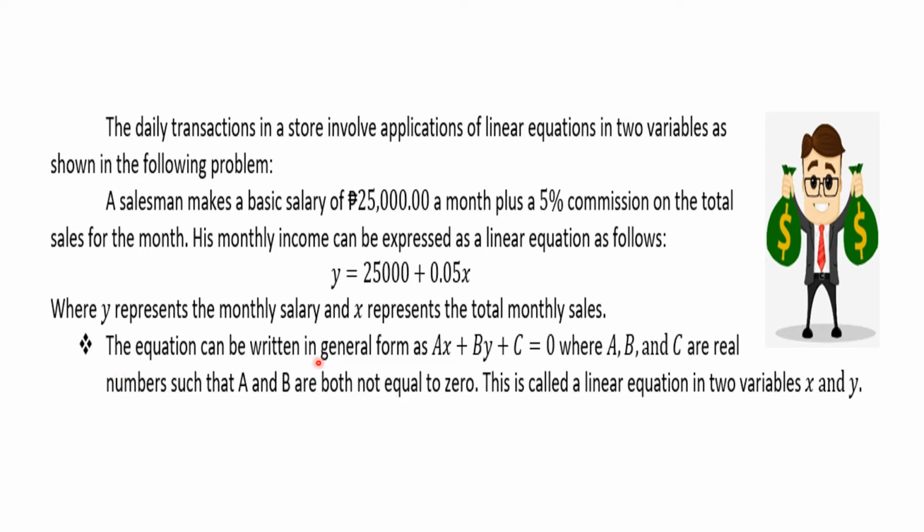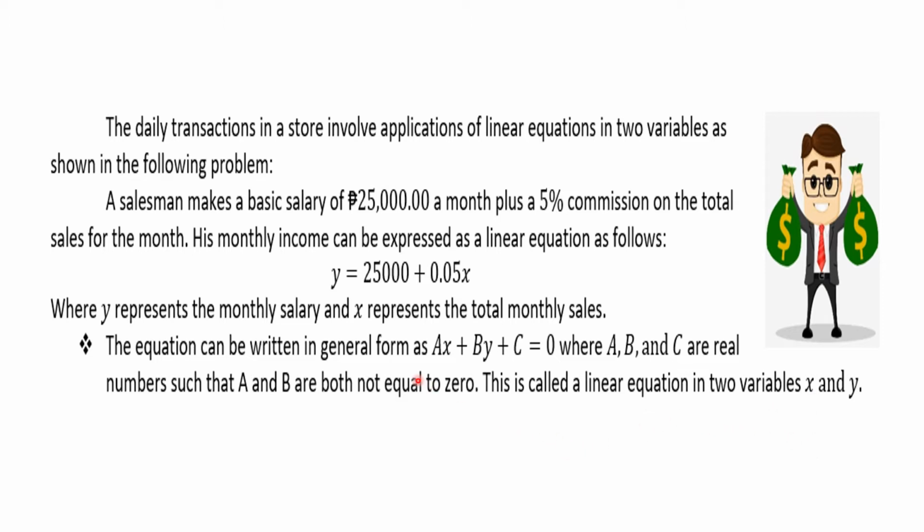The equation can be written in general form as ax plus by plus c equals 0, where a, b, and c are real numbers such that a and b are both not equal to 0. This is called a linear equation in two variables x and y.